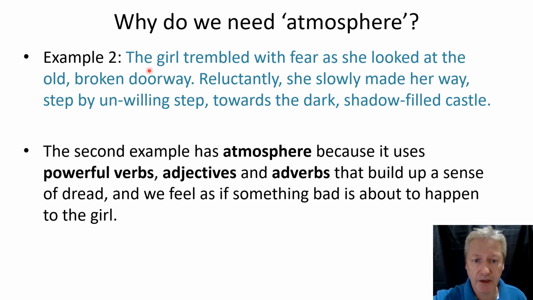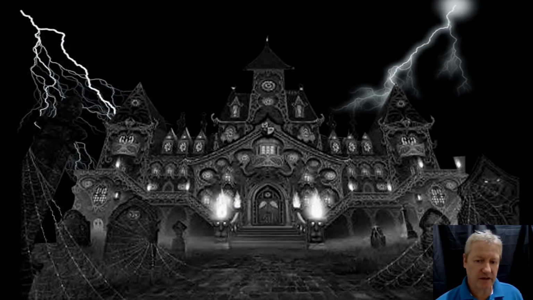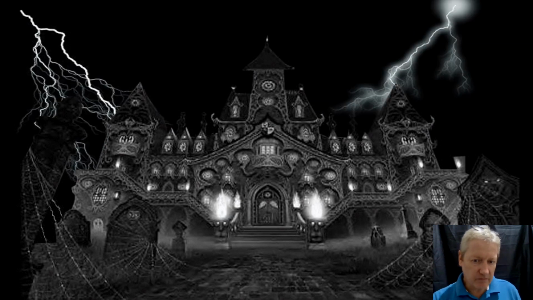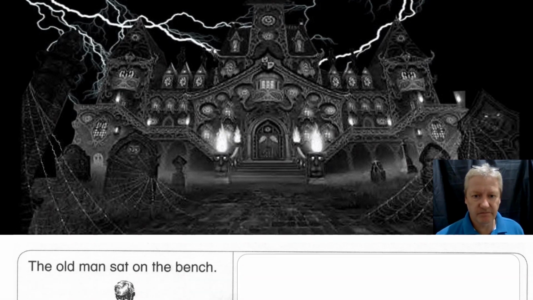Now we're getting an image of this doorway and the shadow-filled castle. And there's also adverbs to say how she felt, reluctantly, or how she moved, slowly. After that description, your audience should be thinking of a castle more like you want them to.